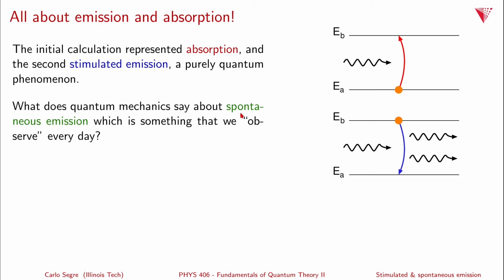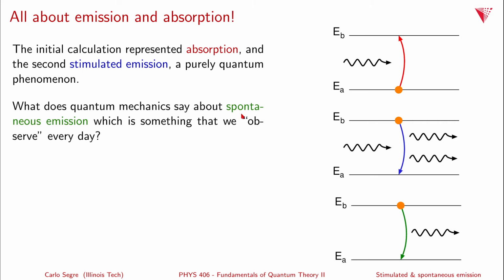Well, what about the process that we see all the time in nature, which we would call spontaneous emission? If you have an atom in an excited state, it spontaneously will emit radiation and drop down to the lower state. We observe this all the time.